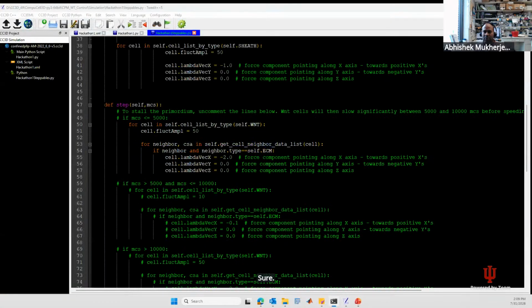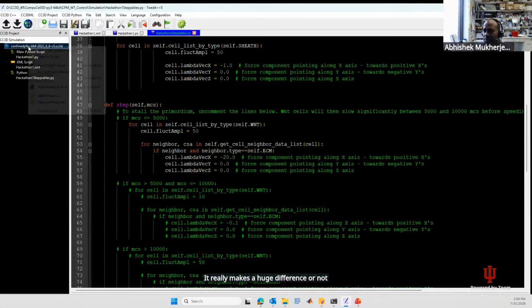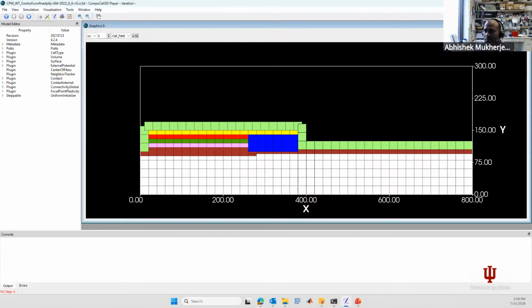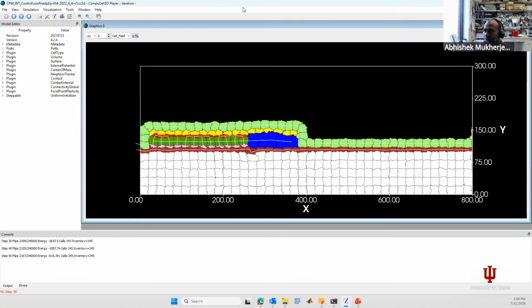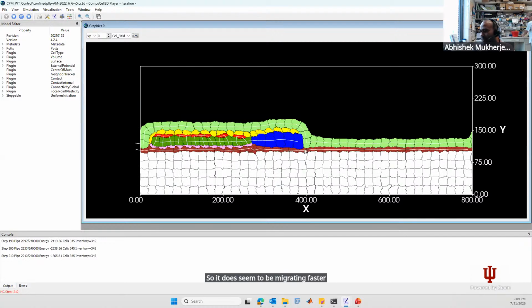Let me see. So here, let's say in this step, I make it, let's say 20 and see if it really makes a huge difference or not. So it does seem to be migrating faster, the blue domain.